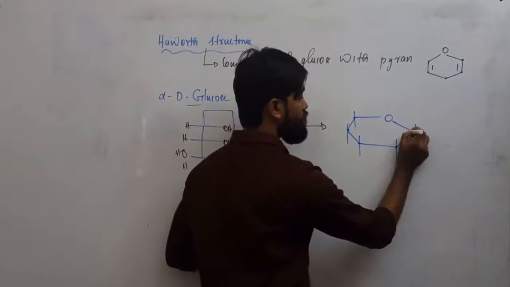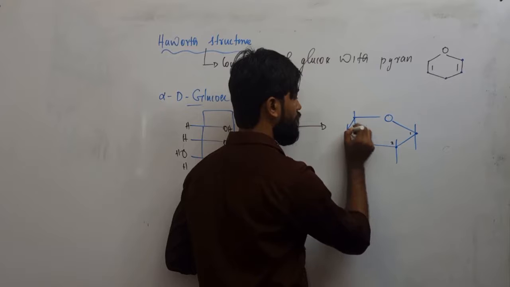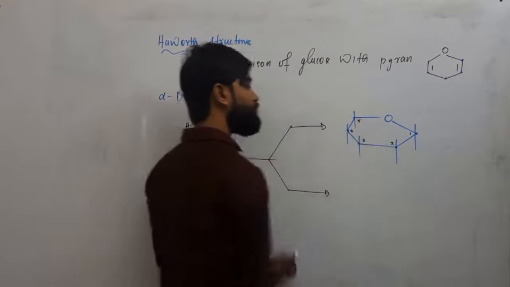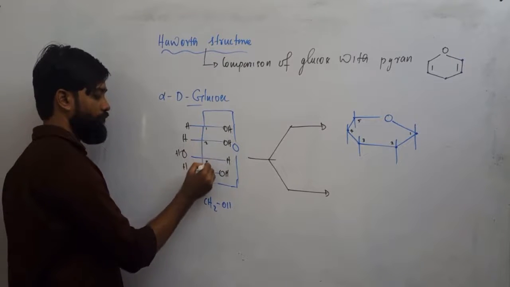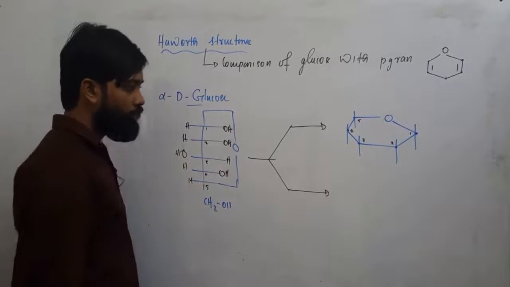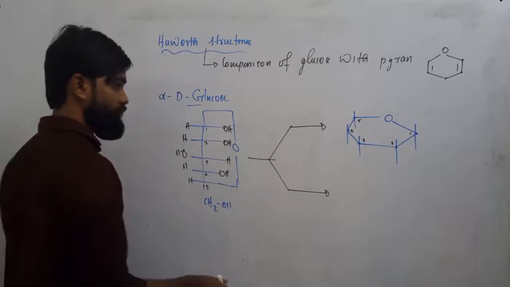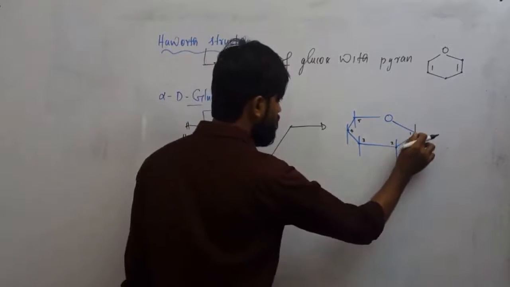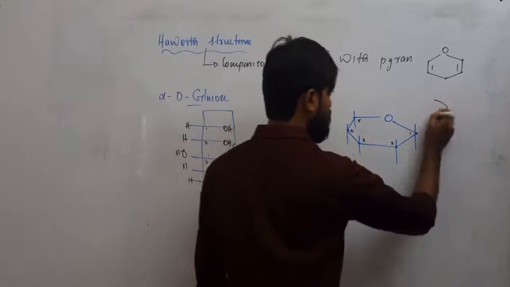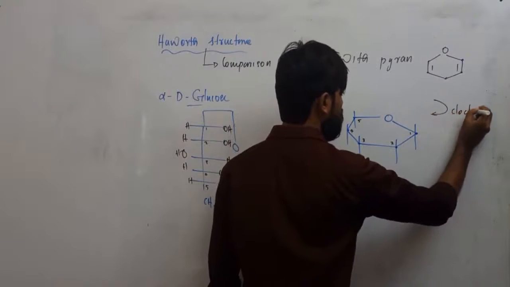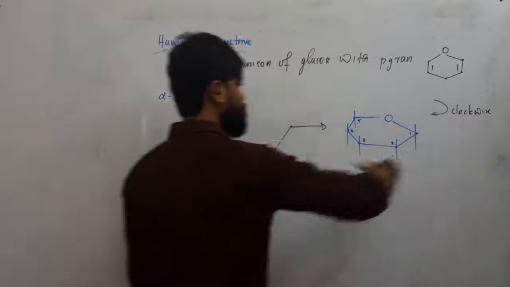Now here the numbering is 1, 2, 3, 4, 5, and here is 1, 2, 3, 4, 5. In order to assign the valencies of each carbon, this is numbered in the clockwise direction.